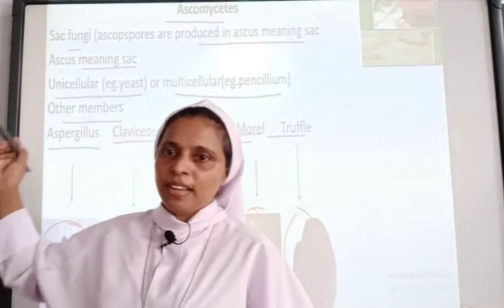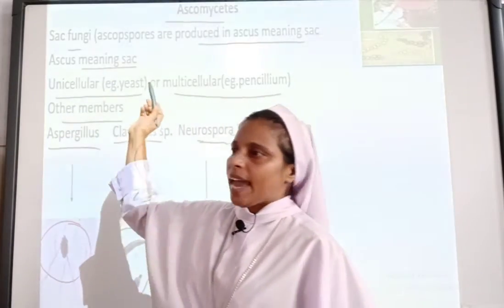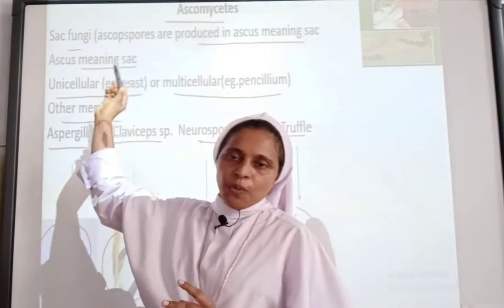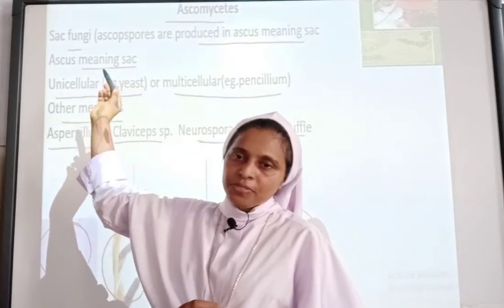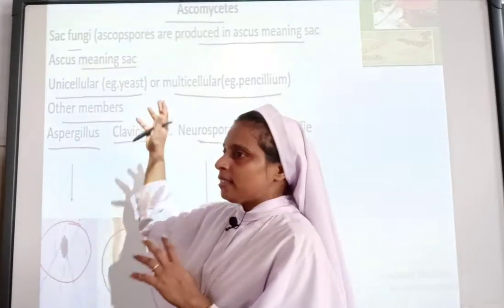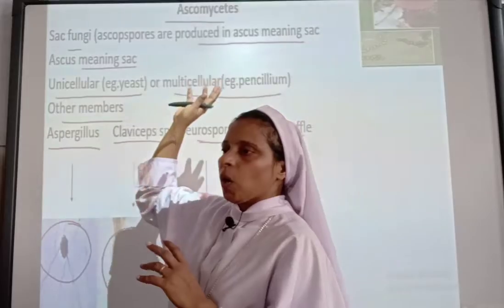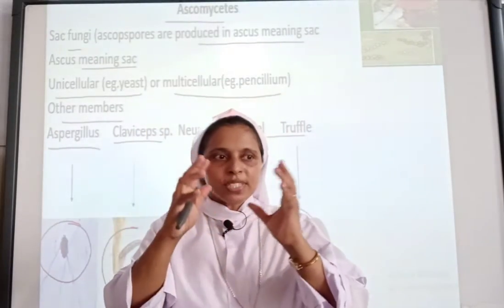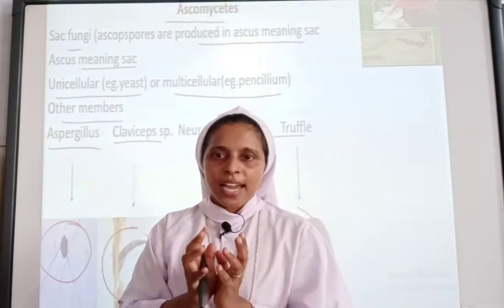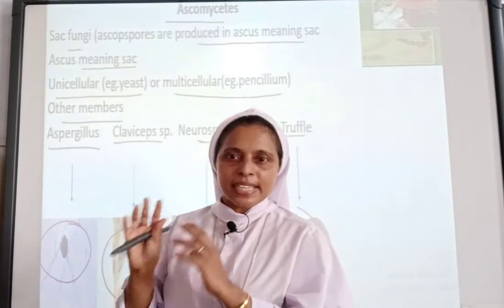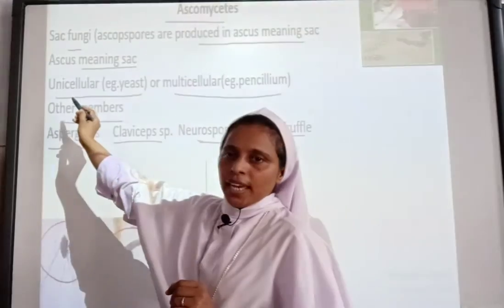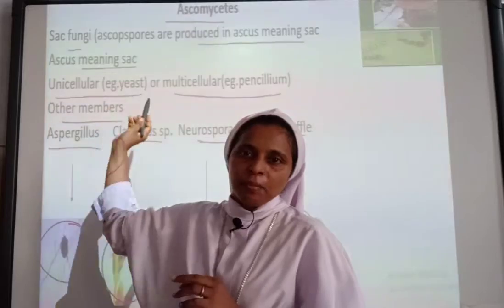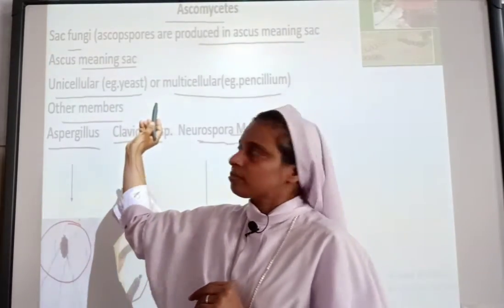Once again, let us recall what we have learned here in the ascomycetes. It is otherwise called sac fungi. That means the sexual spores called ascospores are produced in a sac-like structure, termed the ascus. They can be unicellular like yeast and multicellular like Penicillium.